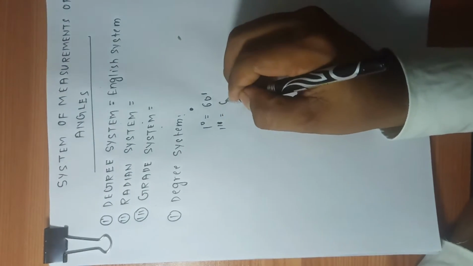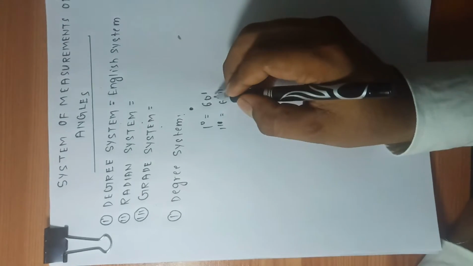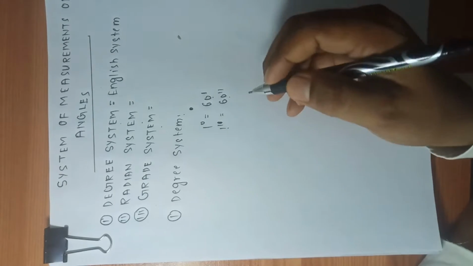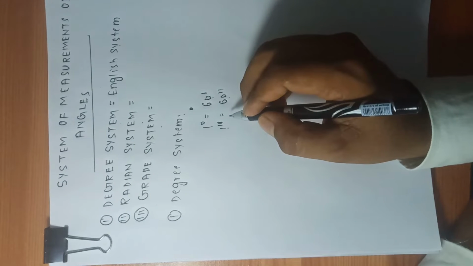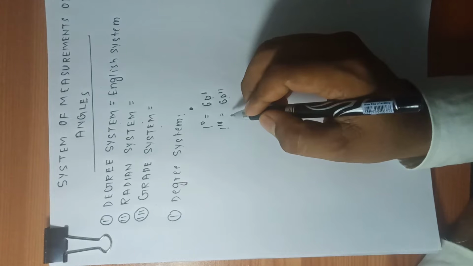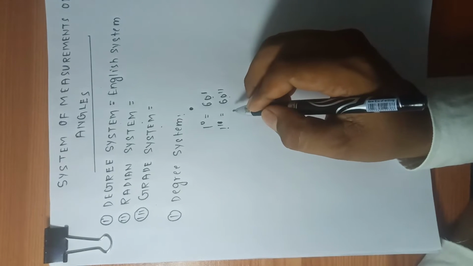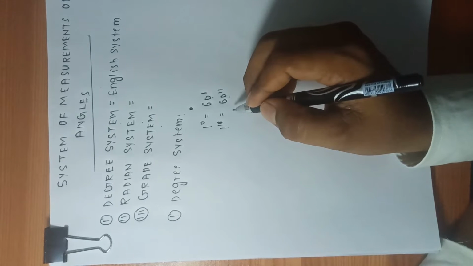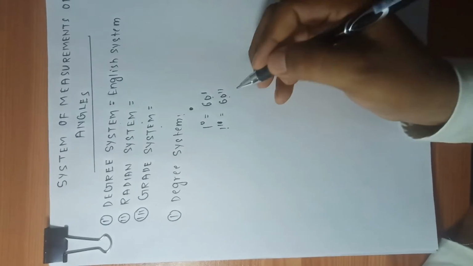Each part is known as a second. So 1 degree equals 60 minutes and 1 minute equals 60 seconds. Whenever we want to express any angle, we can't express it in fraction form. We need to express it in degrees, minutes and seconds.